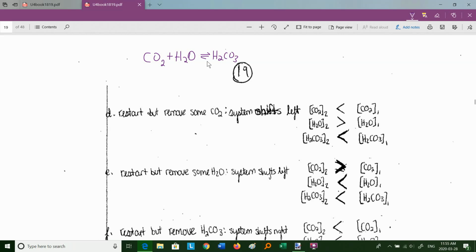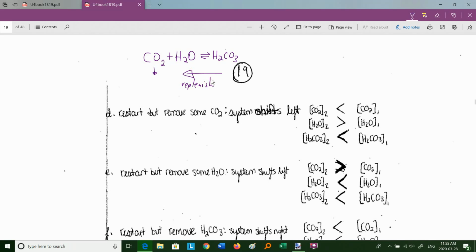So let's restart, but let's take out some of the CO2. So remove a bit of the CO2. We take a bit of the CO2 out, and then the system is going to go to the left. You try to replenish, right? Replenish means to bring back, to recover the stuff that you took out. So if I try to replenish the CO2, I can't get all of it back, but I can try.